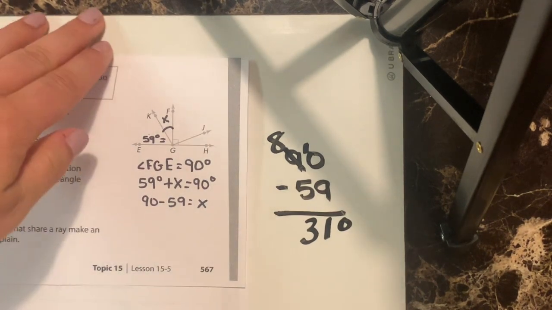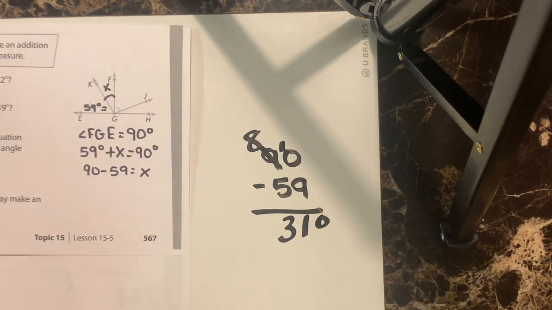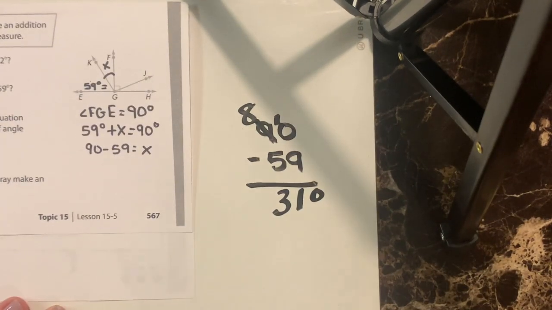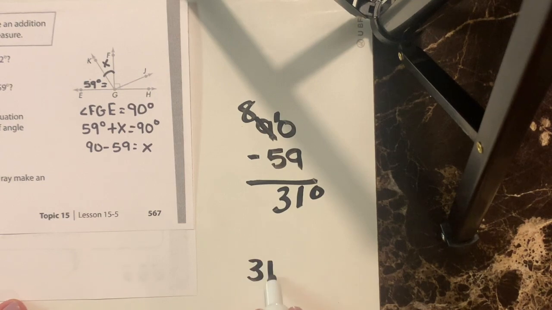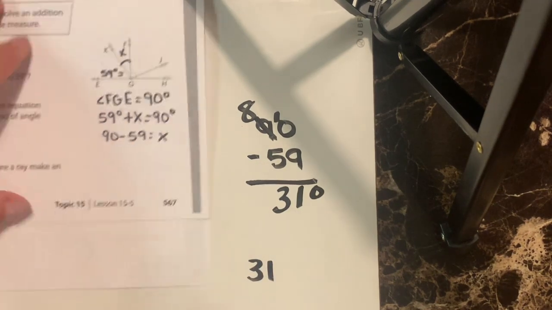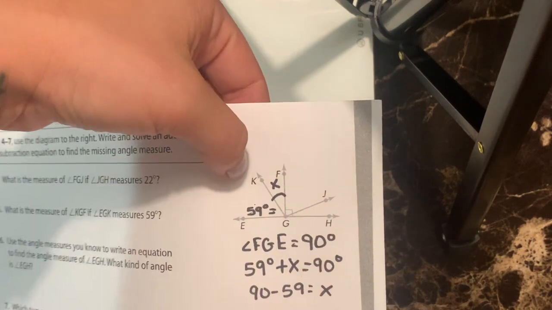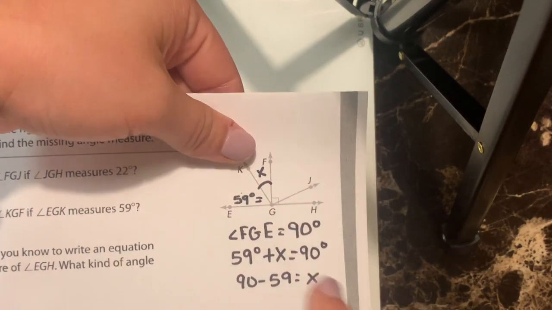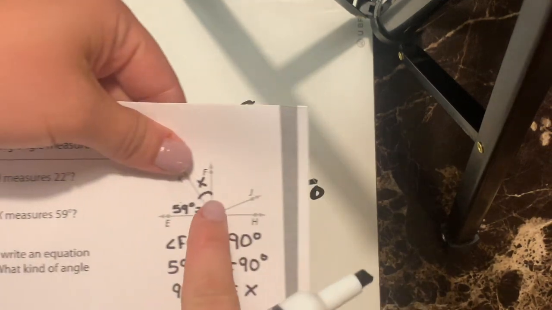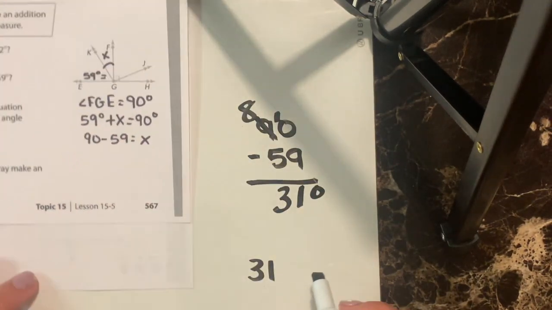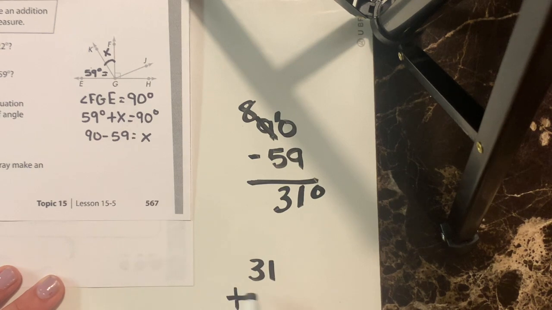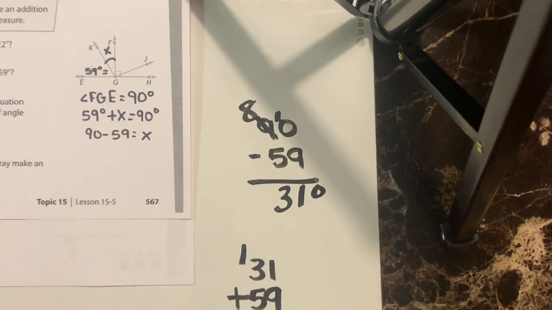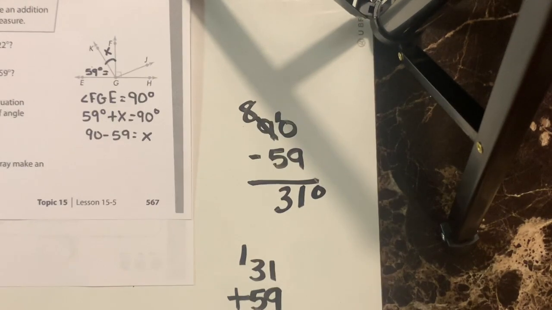Just like the last question, I want to check my work by doing 31 plus 59, because if angle KGF is 31 degrees, then 31 plus 59 will equal 90. So 9 plus 1 is 0, carry the 1. 5 plus 3 is 8, plus 1 is 9, and I get 90 degrees.